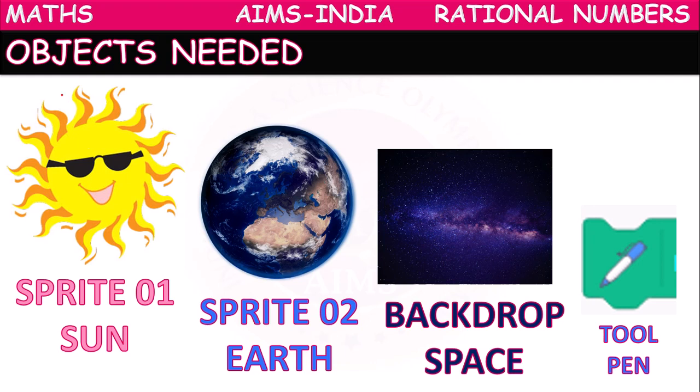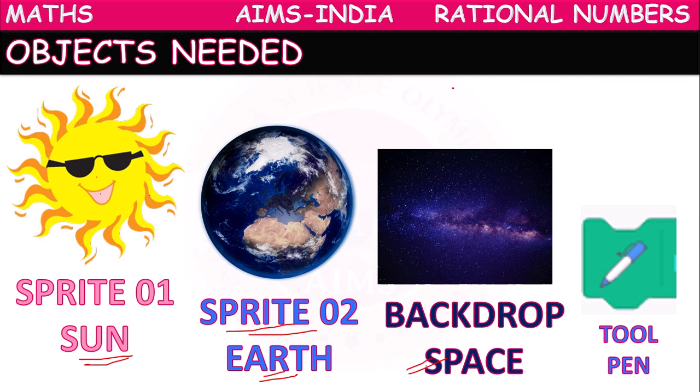So for designing the project, we need some objects. Here an object is termed as a sprite in this coding software. So sprite 1, sun we need, sprite 2, earth we need, and we have to locate these two objects in the backdrop or background space.